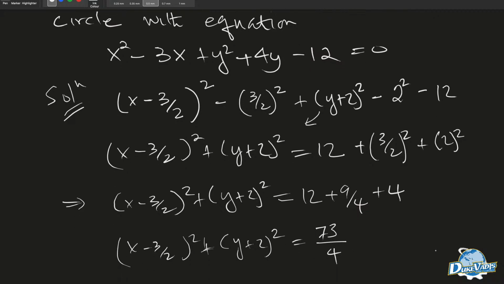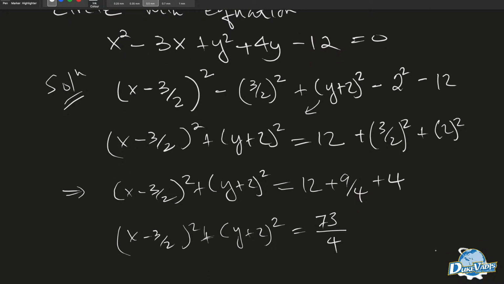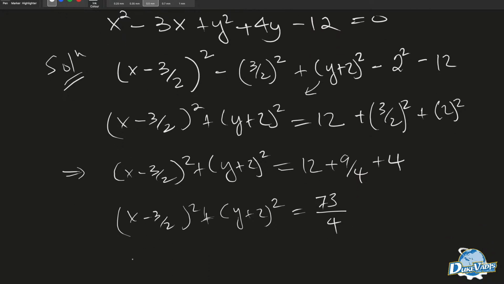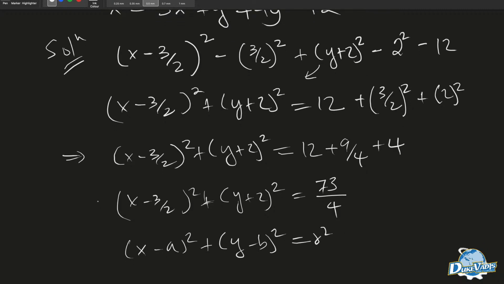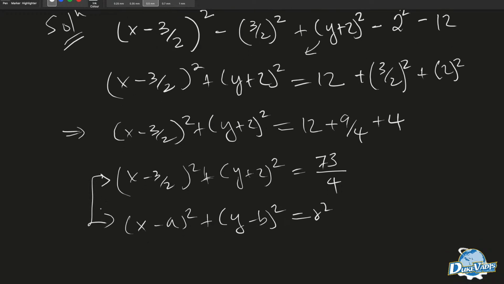Friends, so straightforward. If we compare this equation to our general equation, x minus a squared plus y minus b squared is equal to r squared, with this comparative step we will see that our a, which is the center for the x, is equal to 3 over 2, and our b will be equal to negative 2.